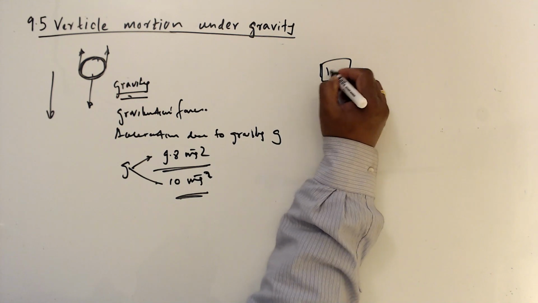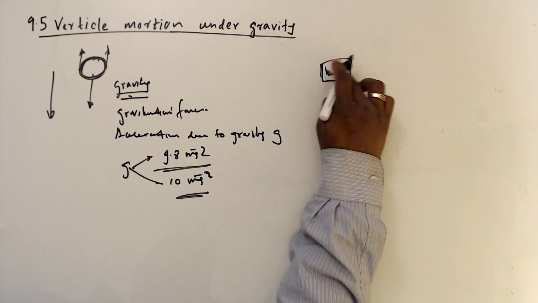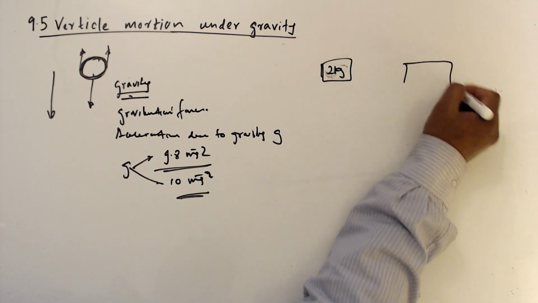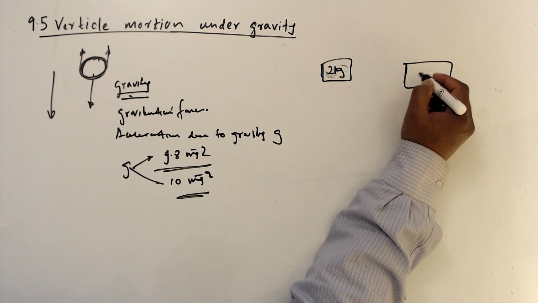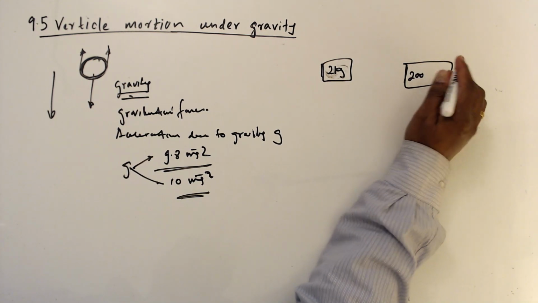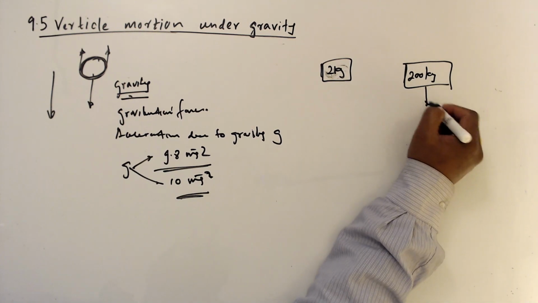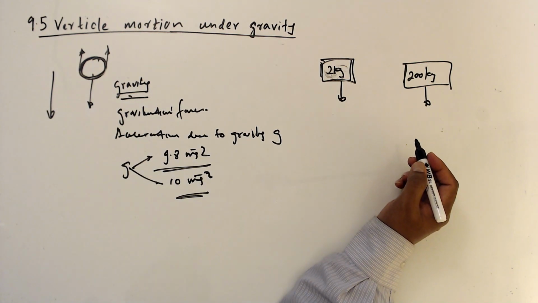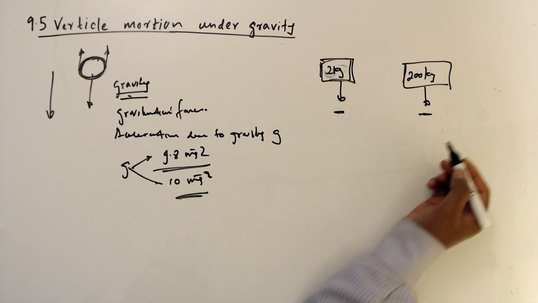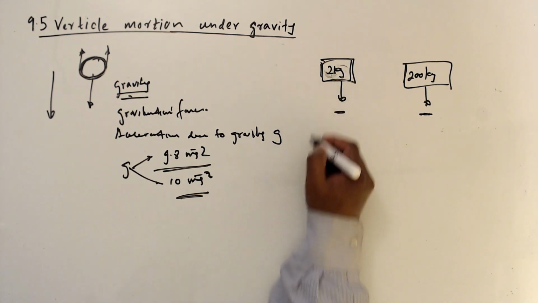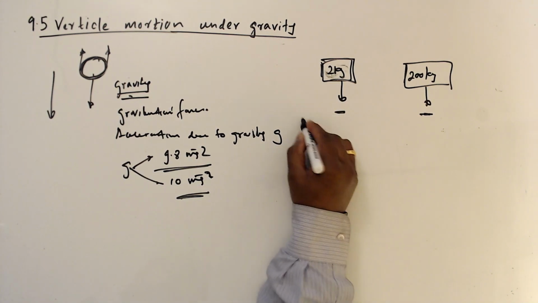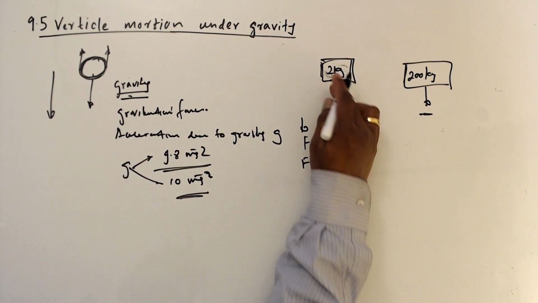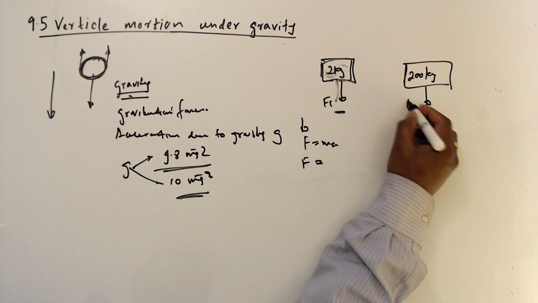Assume a 2 kg box and a 200 kg box are falling down. It's a free fall, so they have different forces. If we put F equals ma downwards, let's say this is the force F1 and this is F2.